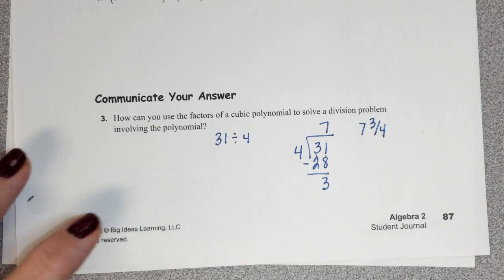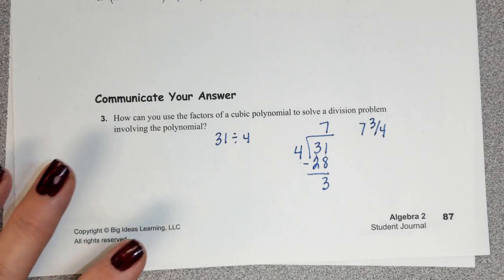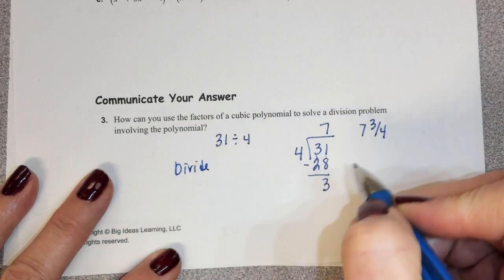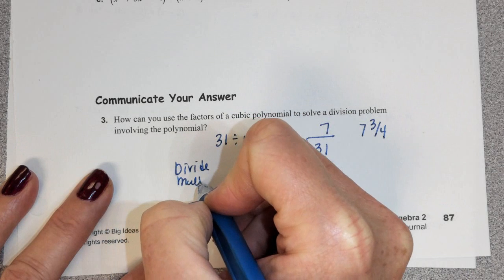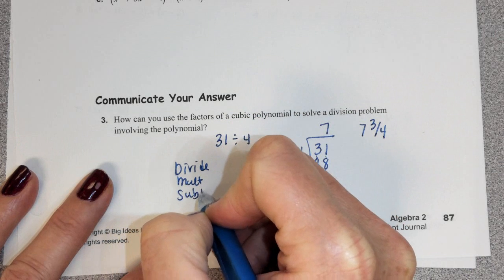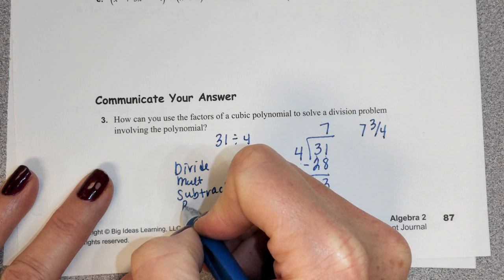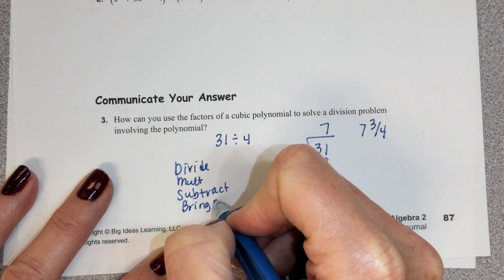So that's kind of our process for this. What we did was we divided, then we had to multiply, then subtract, and then we had to bring down a number if it had been necessary.